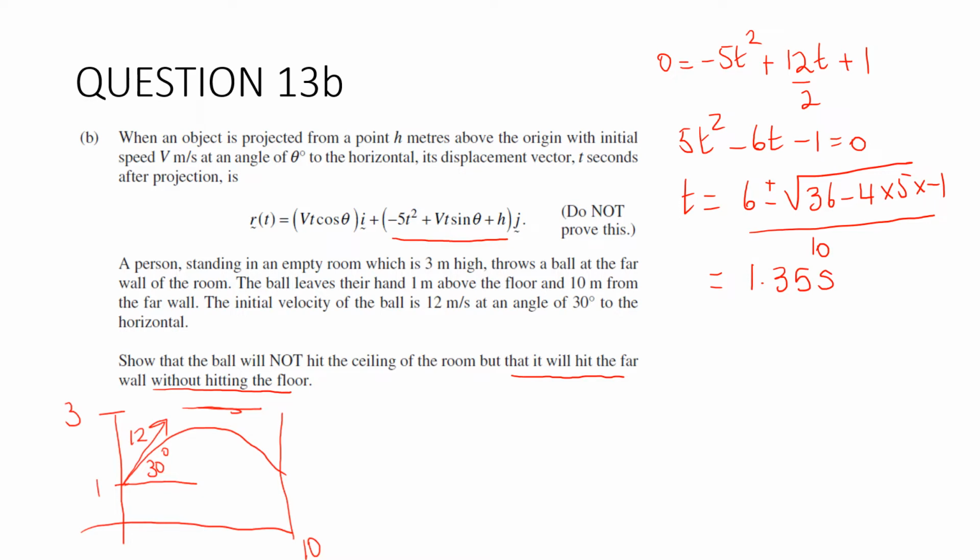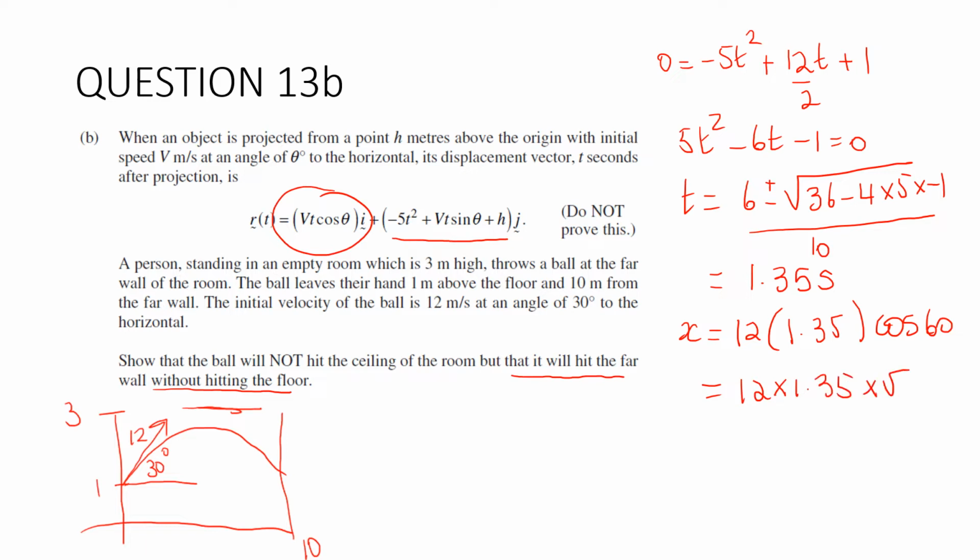Now, to work out the range, we need to substitute it into the x coordinate. So that's going to give us x is equal to 12 times 1.35 cos 30. So 12 times 1.35 times root 3 on 2, which is 12 times answer times root 3 divided by 2, which is 14.01.